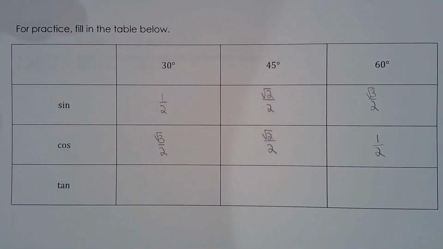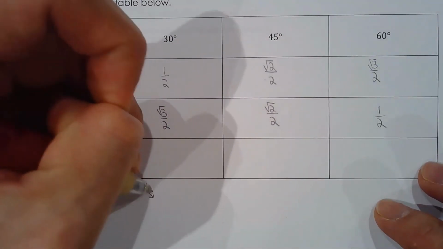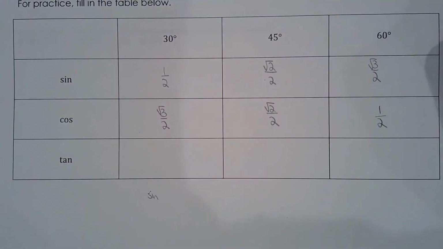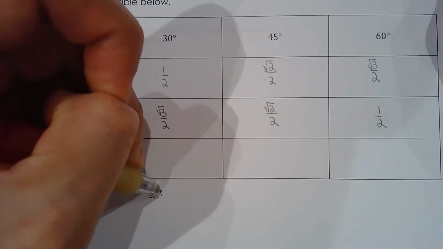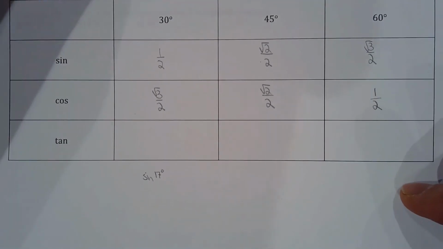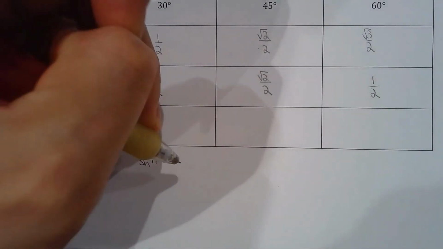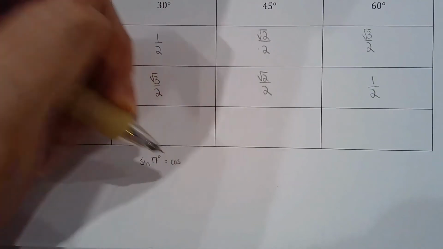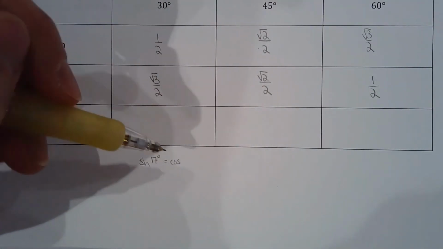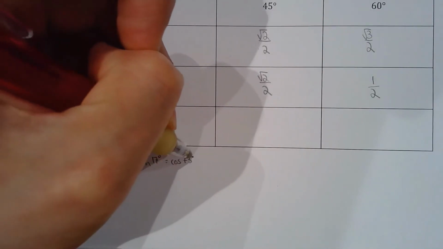Now, how did I know that? Well, I'm going to play with my calculator to show you. Normally I would ask my students to give me a random acute angle, so I'm going to try to be as random as possible. I'm going to say 17 degrees. That seems like a very weird number to work with, but sine of 17 degrees is equal to cosine of 73 degrees.